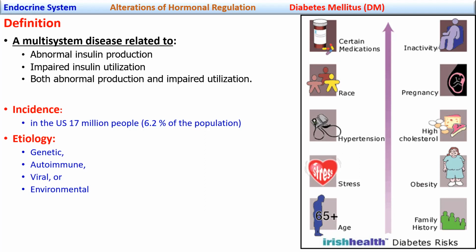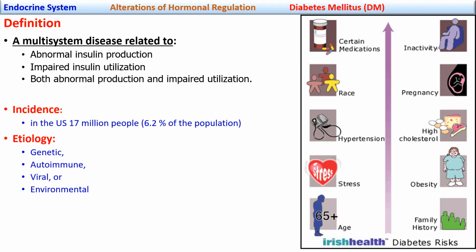In terms of risk factors and etiology, we have a long list from the previous slide. Here we can include genetic and autoimmune factors.